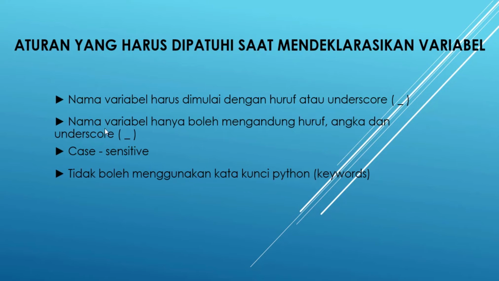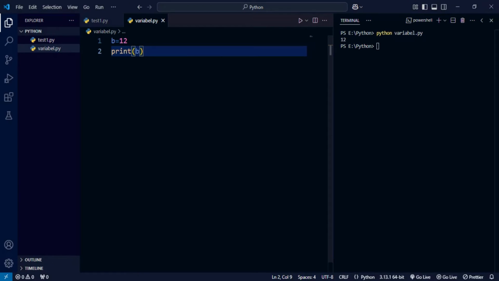Look here, guys. The variable name must start with a letter or underscore. I started with the letter b. Now let me start with something that is not a letter, for example a hashtag sign.